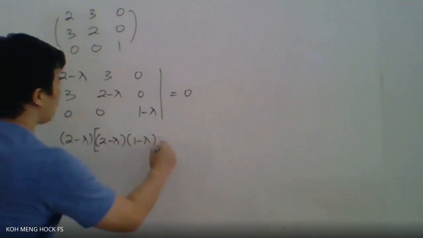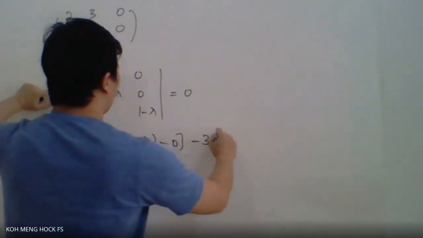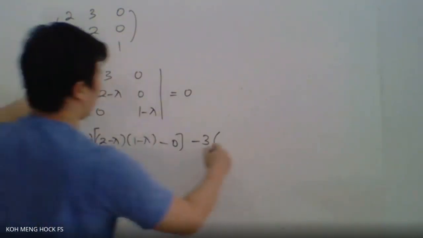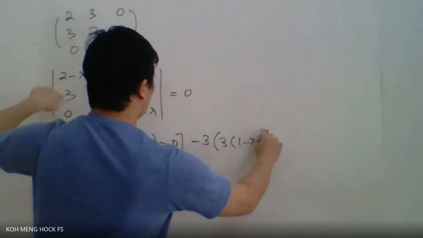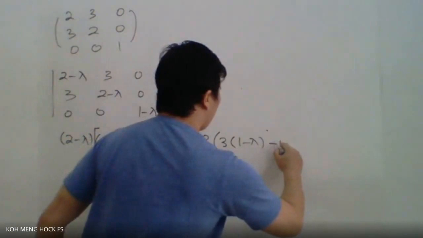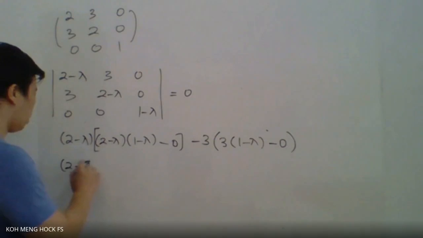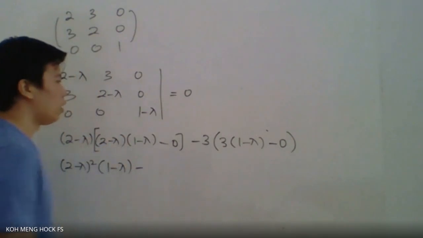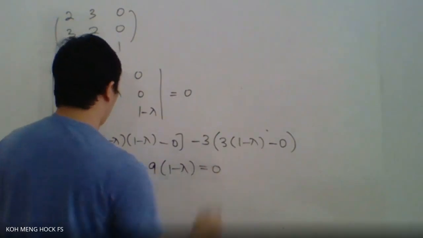Let me just write this. This is 0, and this is -3. You cut off this one, so you have this guy. Here you have 3 times 1 minus lambda, minus 0. So here you have (2 minus lambda) squared times (1 minus lambda), minus 9 times (1 minus lambda), and this is going to be equal to 0.